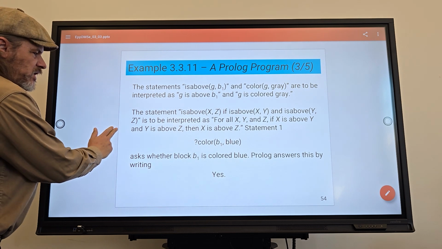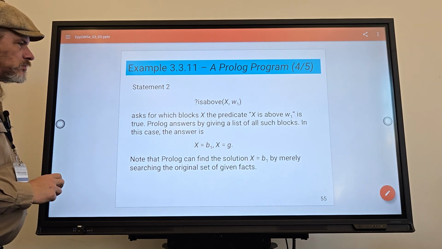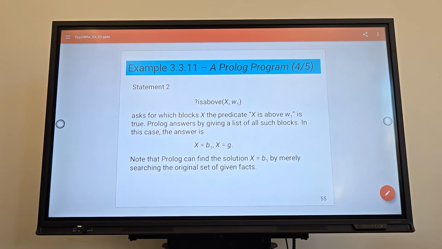And this is where Prolog makes people kind of scratch their head: it can give multiple answers to one question. It doesn't just get one answer, the first answer, and return that and be done. It can return multiple.